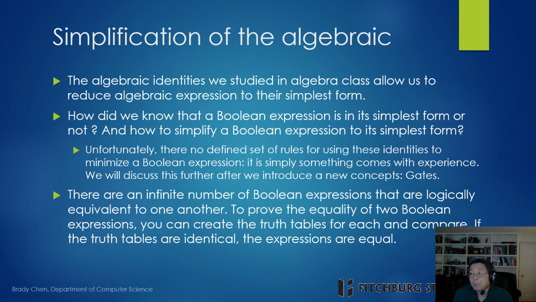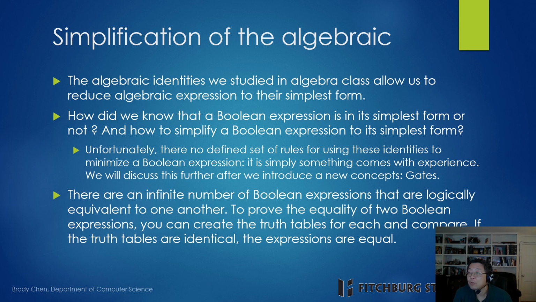So now, before we move forward and talk about how to use the Boolean identities to simplify the logic expression or algebraic expression, the first thing we need to talk about is how do we know that a Boolean expression is in its simplest form?